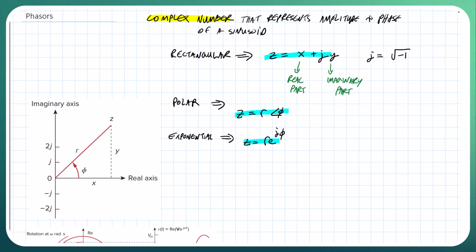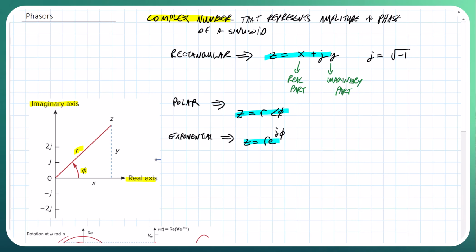So let's go ahead and define this. Look at the chart here. We have r defined here, we have our angle defined here. This is going to be our real axis, this is going to be our imaginary axis. So this is going to be the representation of our complex number here.